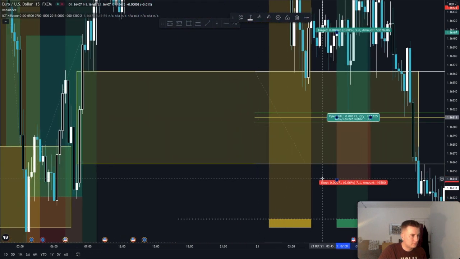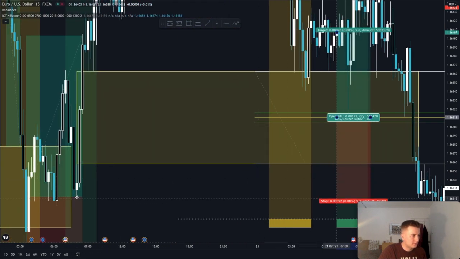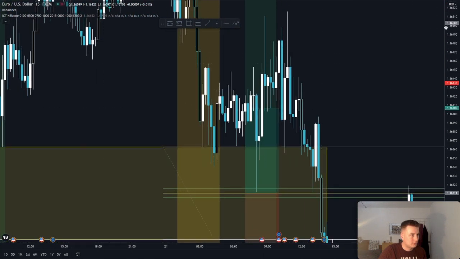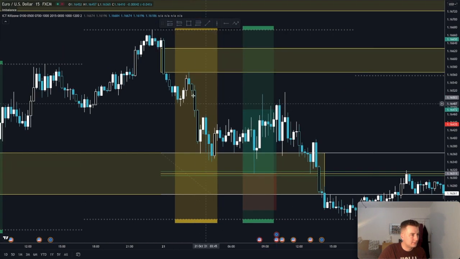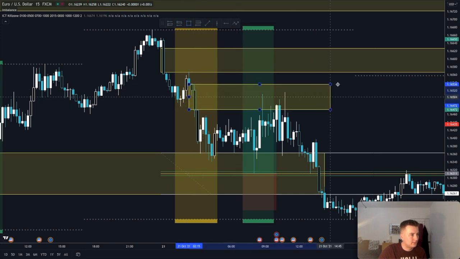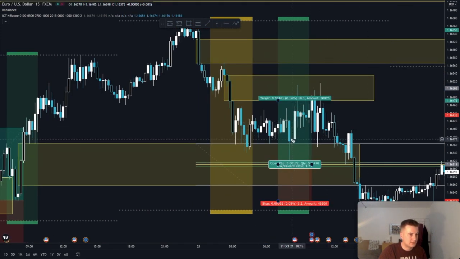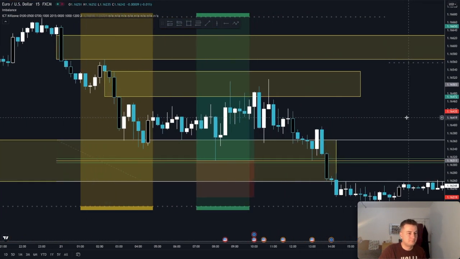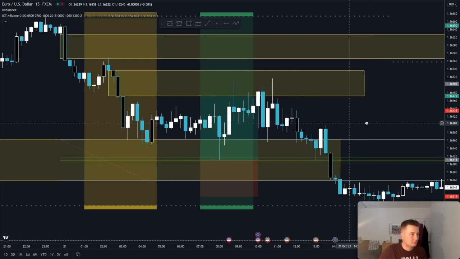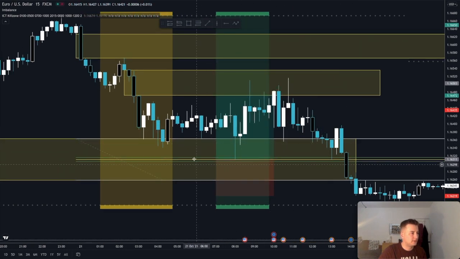Stop loss was at these lows, and because I got a strong push down here, I was going to target this area of imbalance right here. Get out nice and early, make sure it's a guaranteed win, almost give me more possibility that I would win that trade, but no.